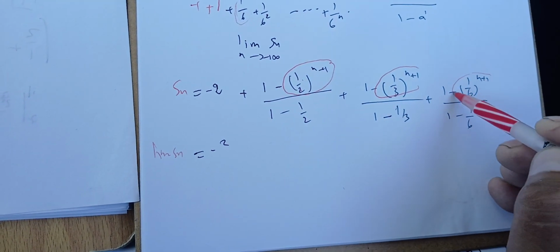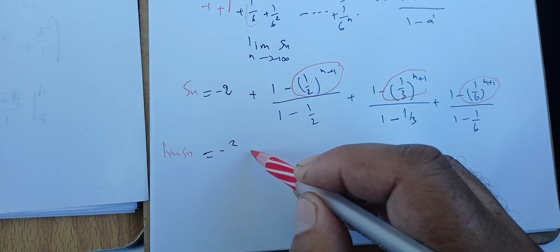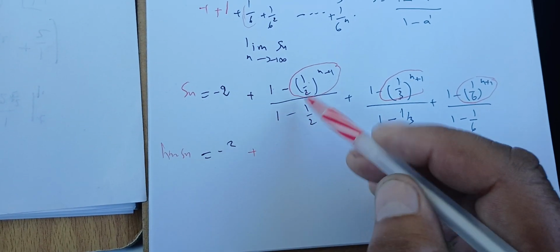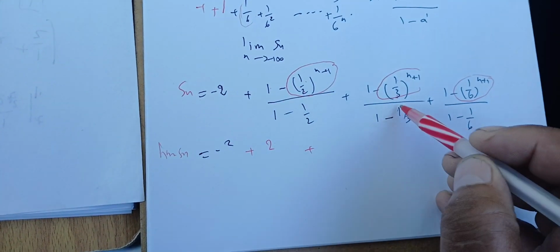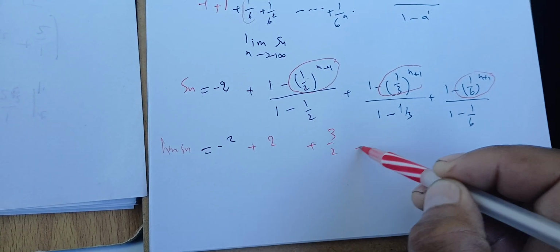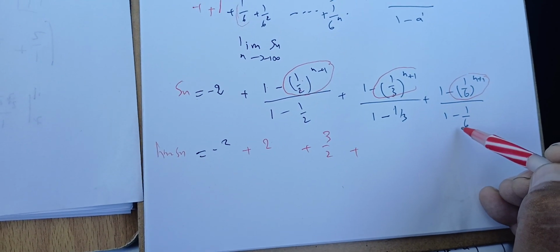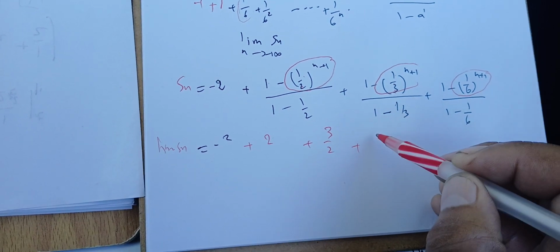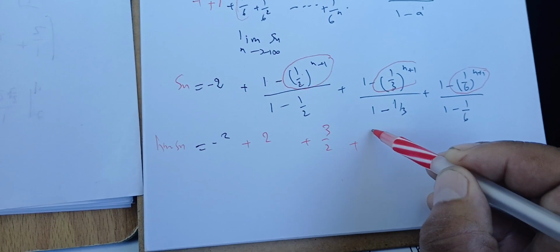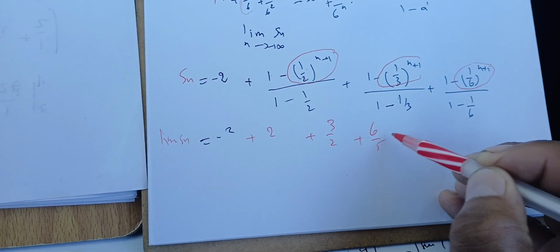So all of these are going to go to 0, and we're going to be left with this one. This one is going to give us 1 over 1/2, which is 2. This one is going to give us 1 over 2/3, which is 3 over 2. And this one is going to give us 6 over 5.